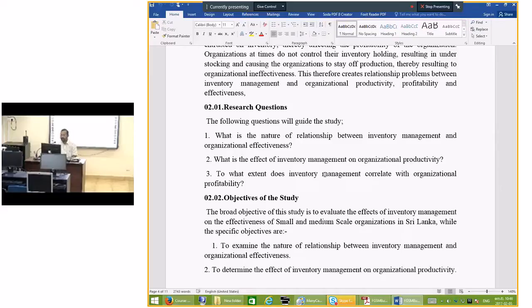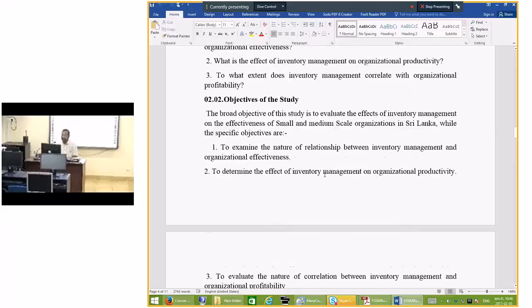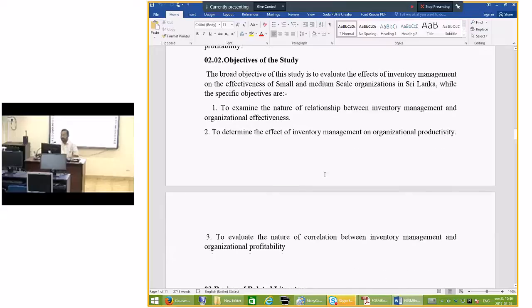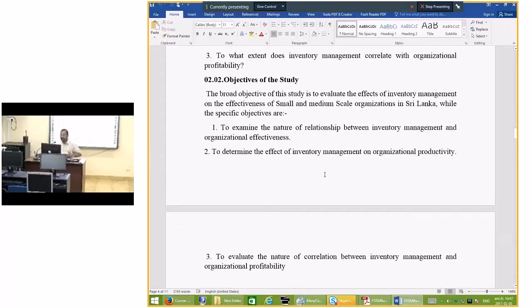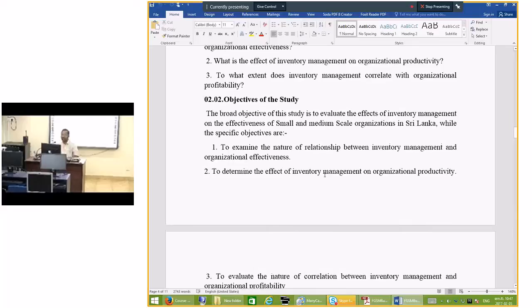The third is whether inventory management is correlated with organization profitability. The objective is to examine the nature of the relationship between inventory management and organization profitability. You have only one objective, the relation between this and that. That's all.